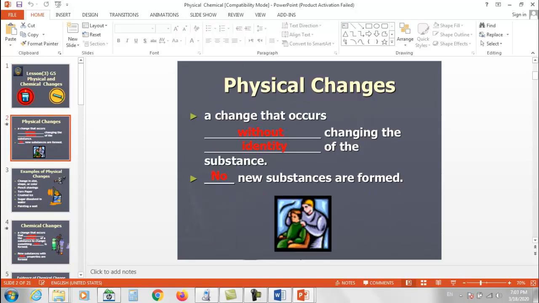Okay? What is the meaning of physical change? We say that a physical change is a change that occurs without changing the identity of the substance. So in a physical change, no new substances are formed.